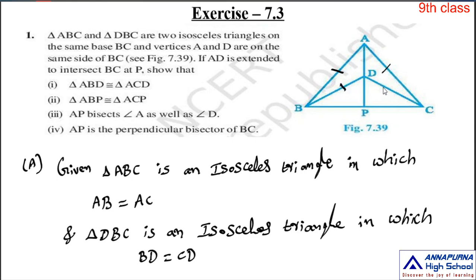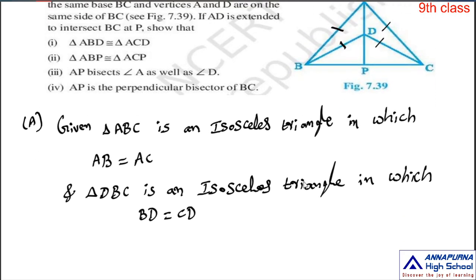These two sides are equal. In triangle BDC, BD is equal to CD, so triangle BDC is an isosceles triangle. First we prove triangle ABD is congruent to triangle ACD.